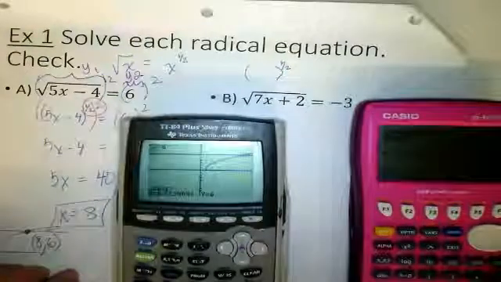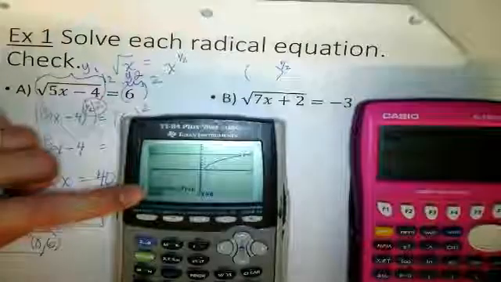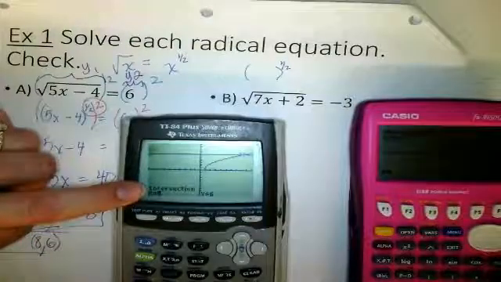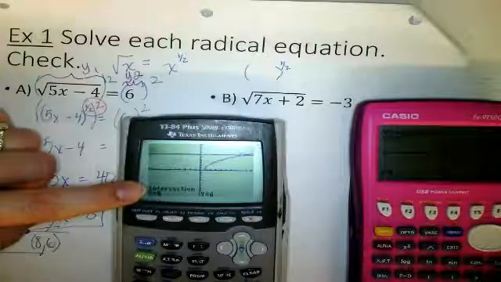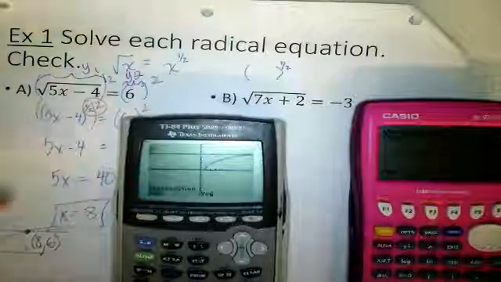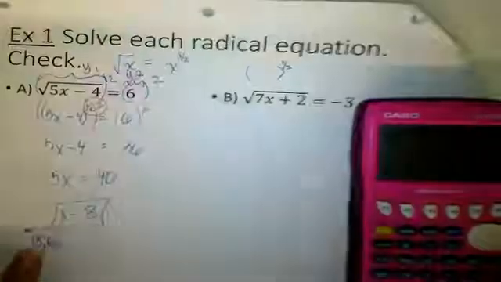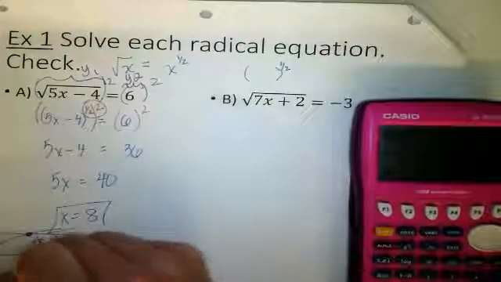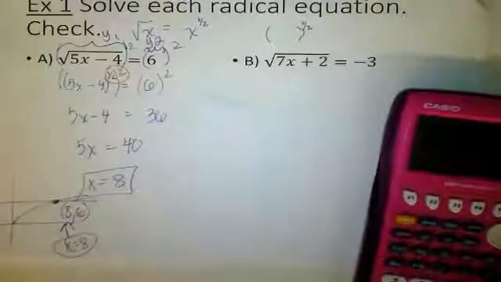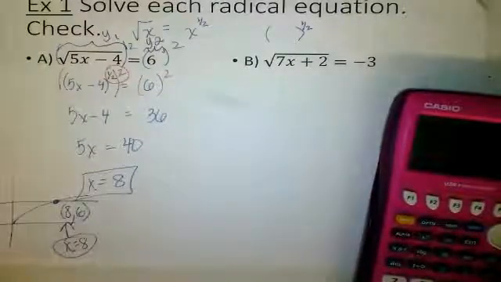And if you do it right, you see the word intersection. Okay, and you see the intersection was 8, 6. Well, what's the solution? 8, the x value that we were solving for. Always. The intersect feature is a great feature on your calculator. Okay?